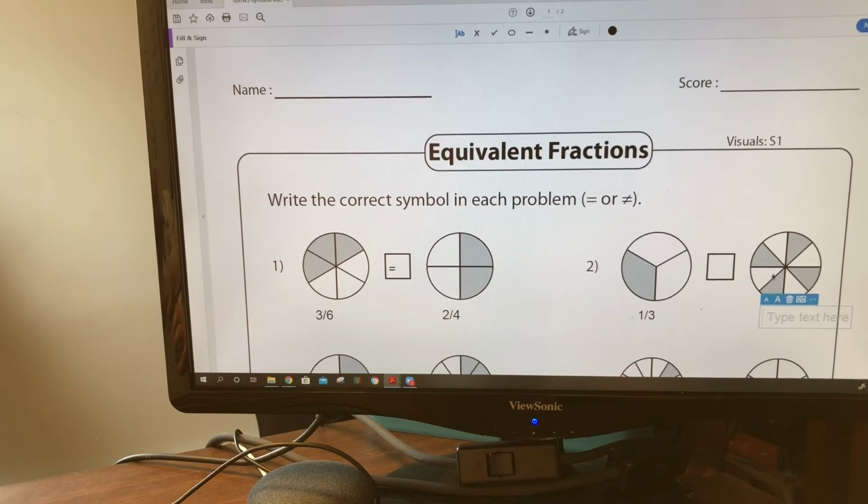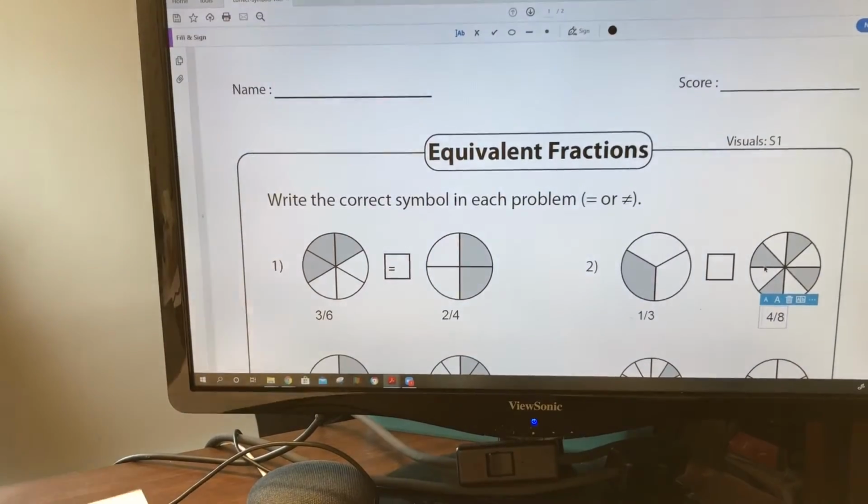No, not 3, sorry. 4 out of 8, just like that. So are these equivalent? Well, it looks like this one over here is bigger, but if you can't tell visually, I'll show you on paper a quick way to do this.